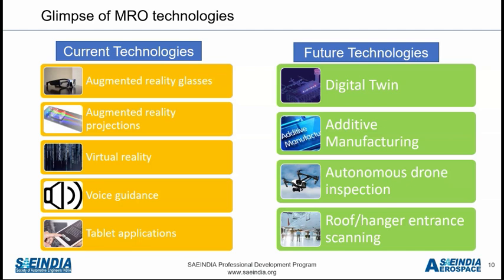Digital twin, I believe most of you have already heard about the digital twin. Digital twin is getting used a lot in MRO businesses. So we know that there will be one virtual prototype of our product, and the other will be the real product, which is basically flying in the aircraft, right?